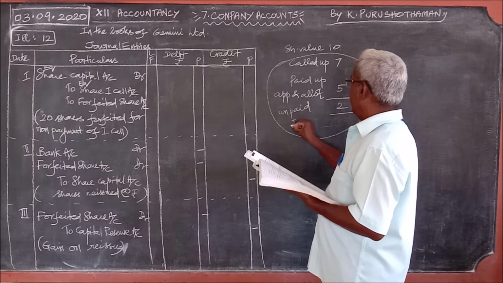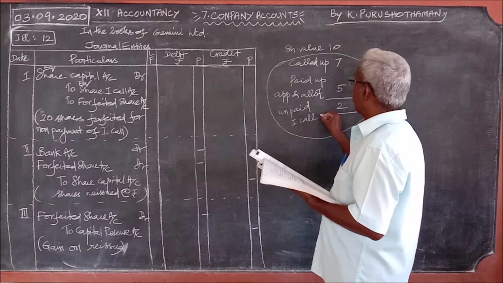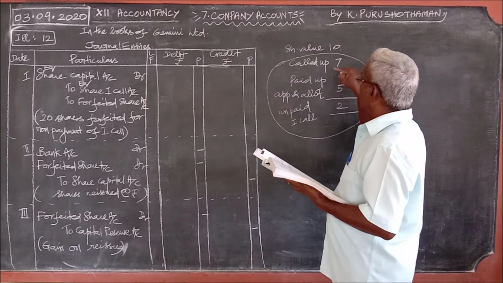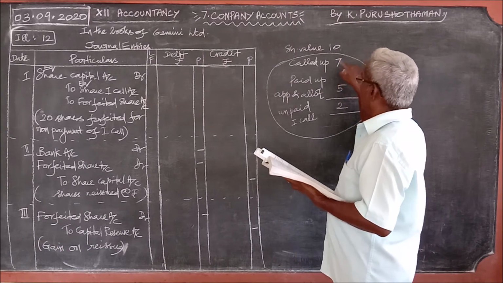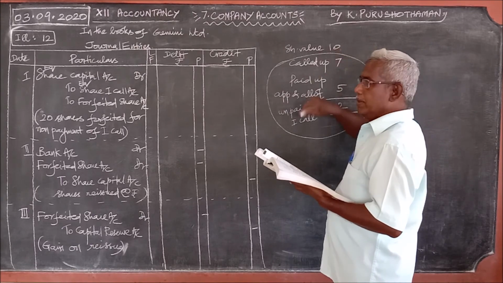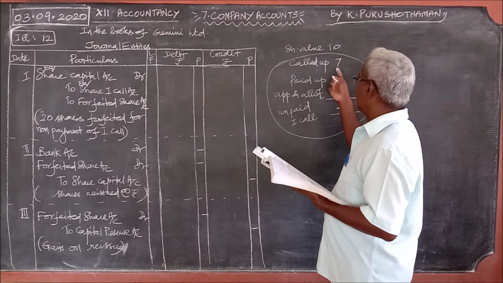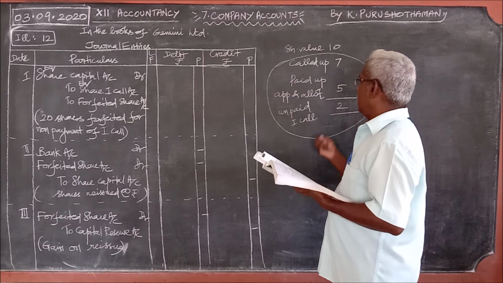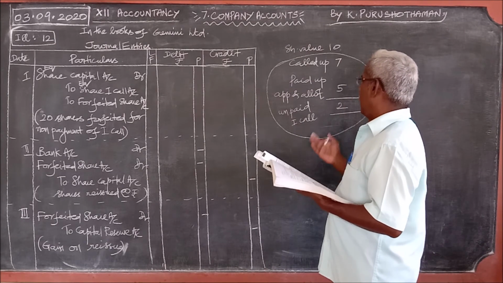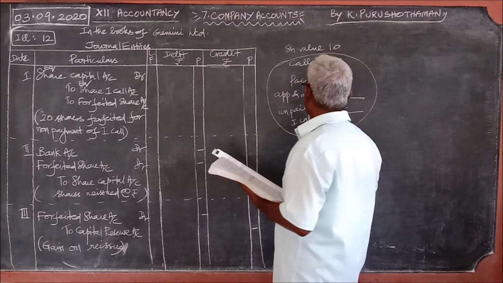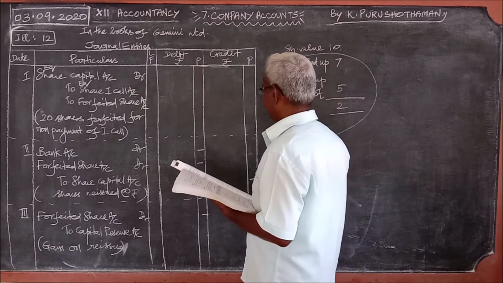This should be taken as the first call, because the total share value is 10 and called up is 7 only, and therefore the remaining 3 will be the second and final call. So within this 7, application and allotment money is 5 and first call is rupees 2. That first call money is only not paid.